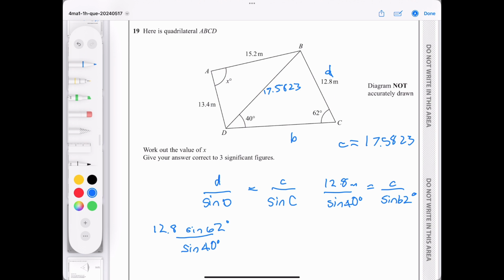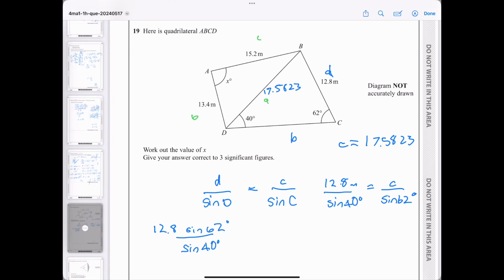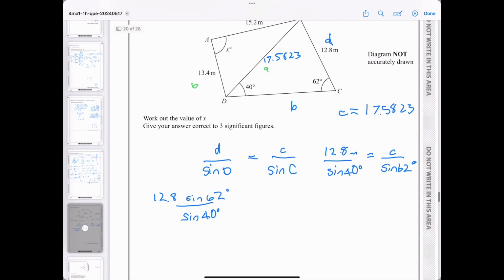So in this case, we have ABC. So let's make this little a. This is D, little d, but we'll call this little c. We'll call this little b. Because we're going to have to use the cos rule for the second bit, which is slightly annoying.